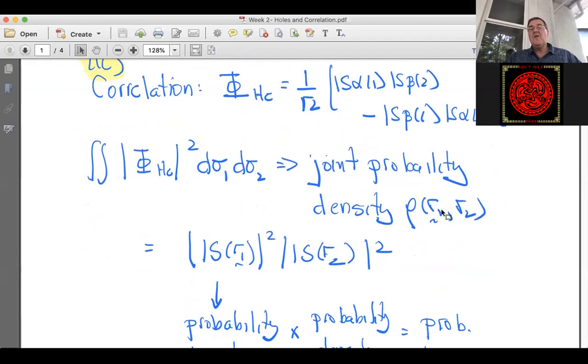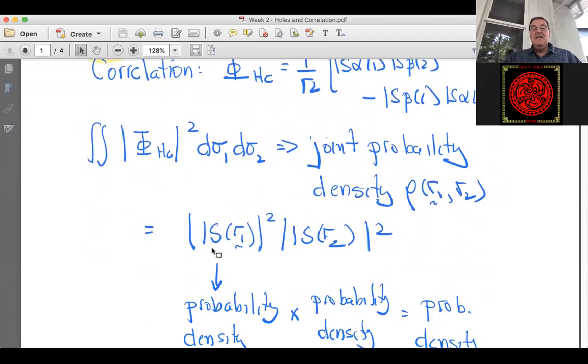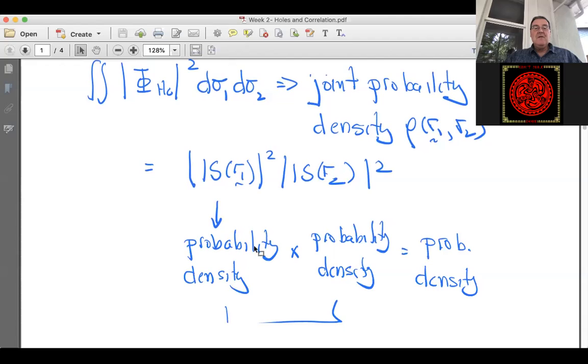It is rho of R1, R2. And when you multiply it all out, you see that it is just the square of electron 1 in the 1s times the square of electron 2 in the 1s. So this is a probability density for electron 1, probability density for electron 2. So I get a joint probability density here. That's just the product of them.